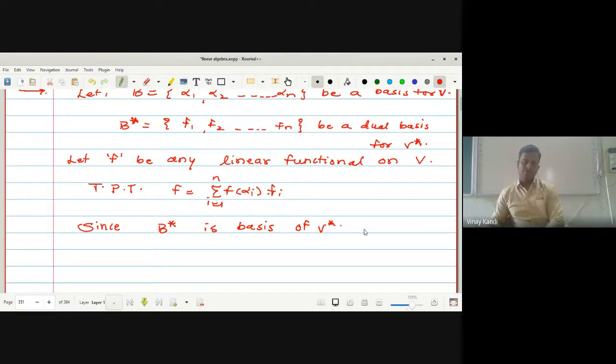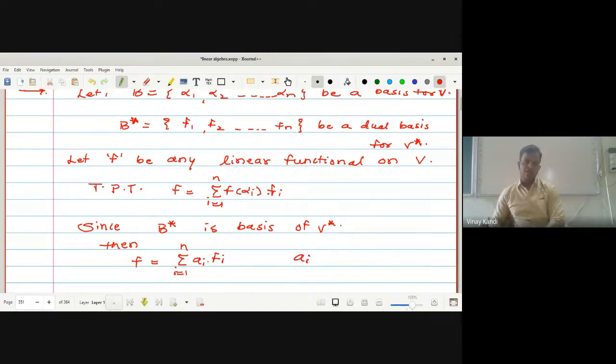Okay, then we can write any linear functional from V star, f is equal to summation i running from 1 to n ai into fi. Is it correct? कोणताही एक function from V star we can write in the form of linear combination of basis elements.